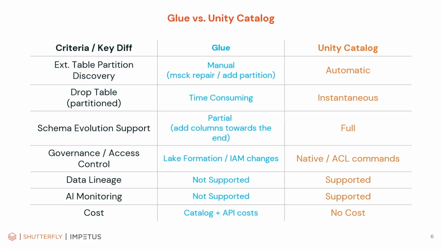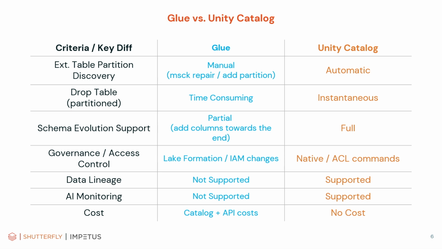Before we started the migration, we did actually, as I mentioned, the POC and an evaluation, right? And you'll see that even at this granular level, Unity Catalog, when compared to Glue, was the clear winner. So in terms of maintenance, right, ease of maintenance, be it external table partition discovery or dropping partitions or schema evolution support, Unity Catalog is definitely much easier to use and more comprehensive in the coverage for all these tasks.